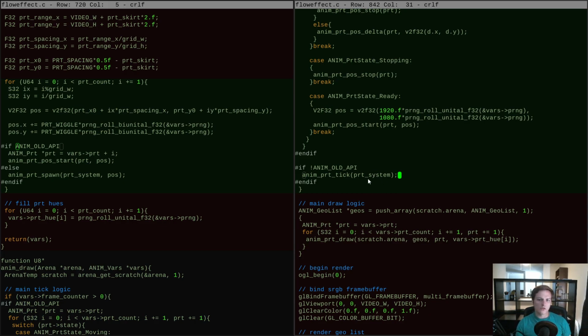So this just tells it to update every particle's position. Where do the trails get saved? I'm not sure.